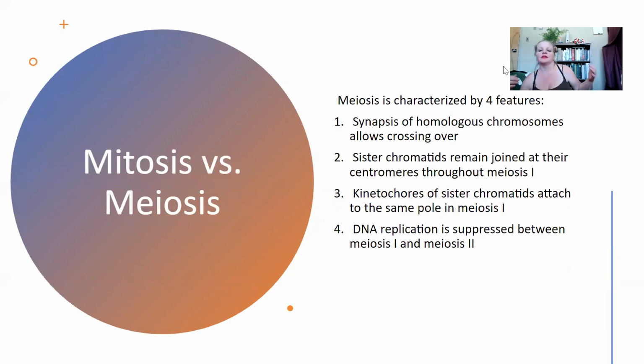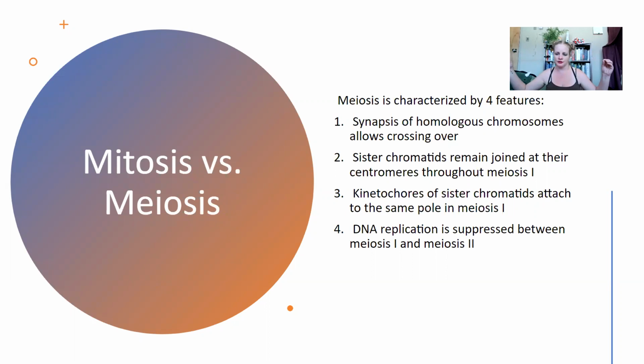All right, these four features. Synapsis of homologous chromosomes provides us crossing over way back in prophase 1. Our sister chromatids are going to remain attached to each other at their centromeres. That's the joining part of the X, where those sister chromatids are attached to each other, and that is going to go all the way through meiosis 1.